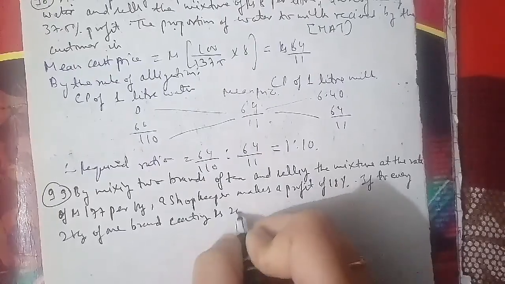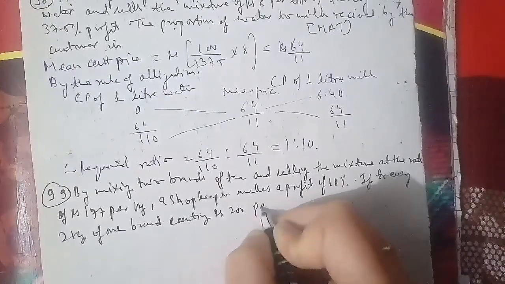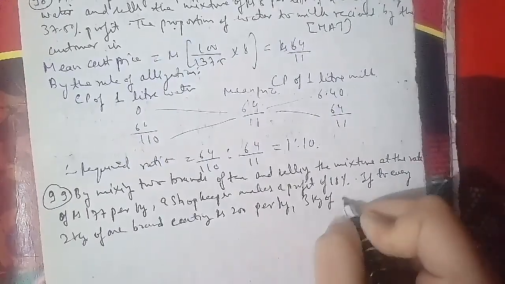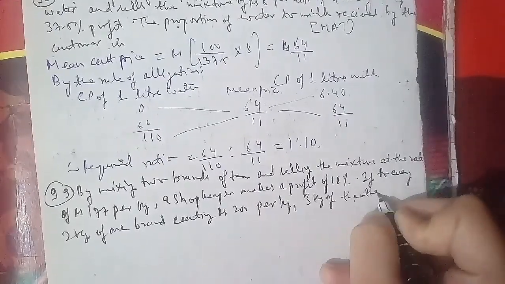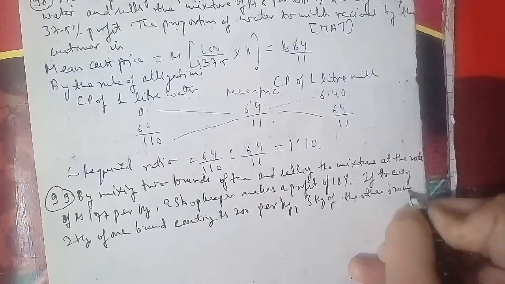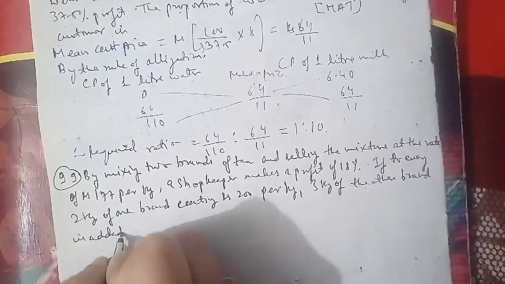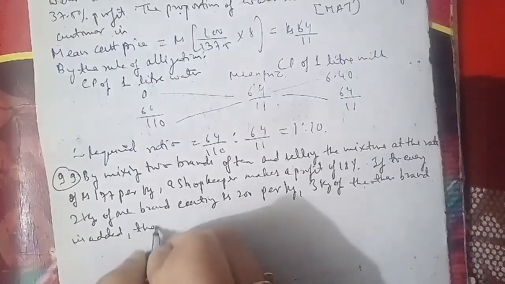Asked in the hotel management question paper, which is a really important one. So we go ahead and find the solution here. Let the cost of the other brand be rupees x per kg.